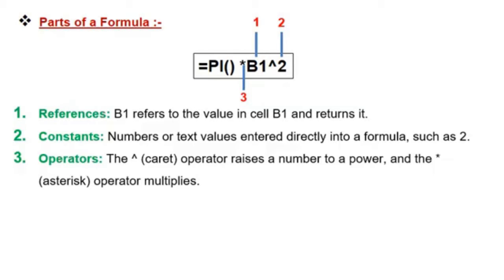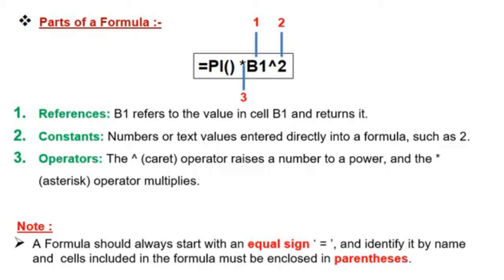The caret operator raises a number to a power and the asterisk operator multiplies. Note that a formula should always start with an equal sign and identify it by name, and cells included in the formula must be enclosed in parentheses.